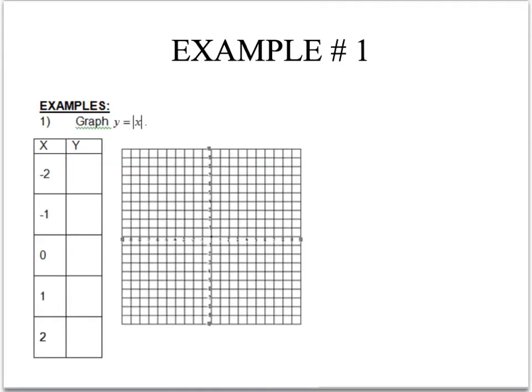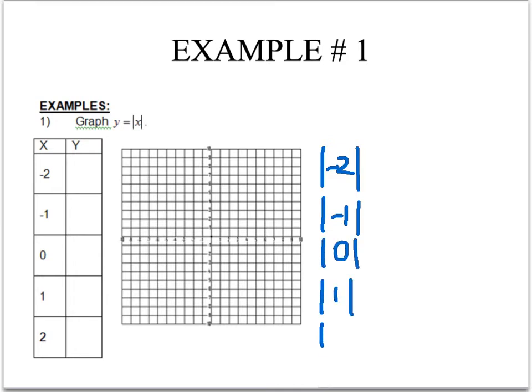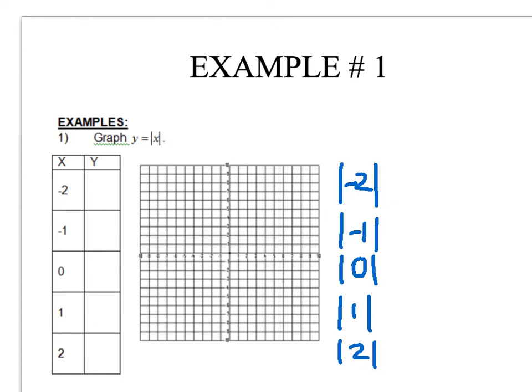The first example is graphing y equals the absolute value of x. So we're looking to find the absolute value of -2, -1, 0, 1, and 2. The absolute value of -2 is a positive 2. The absolute value of -1 is 1, 0 is 0, 1, and 2.